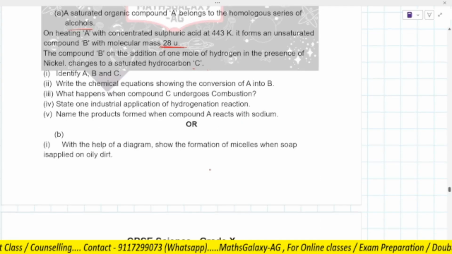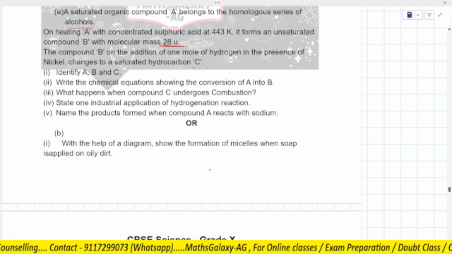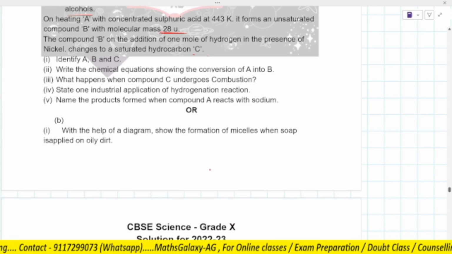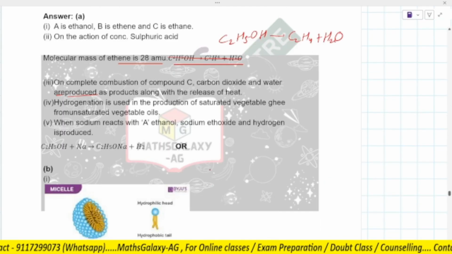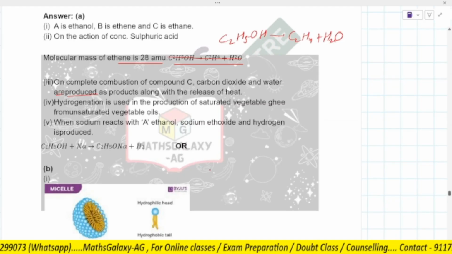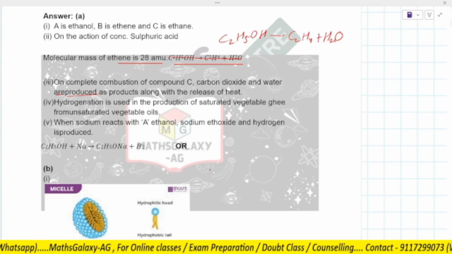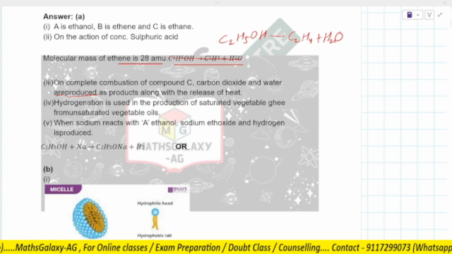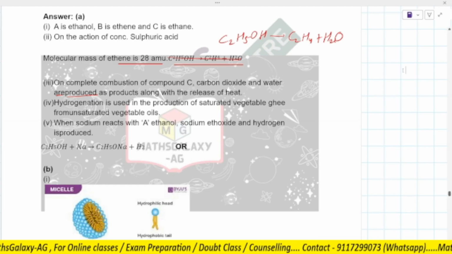After that, state one industrial application of the hydrogenation reaction. Hydrogenation is used in the production of saturated vegetable ghee from unsaturated vegetable oil. Is it clear?